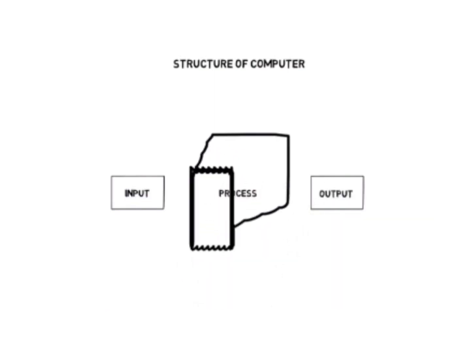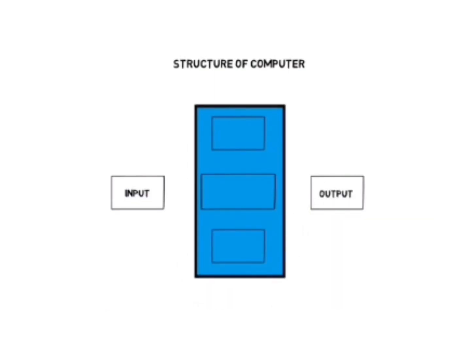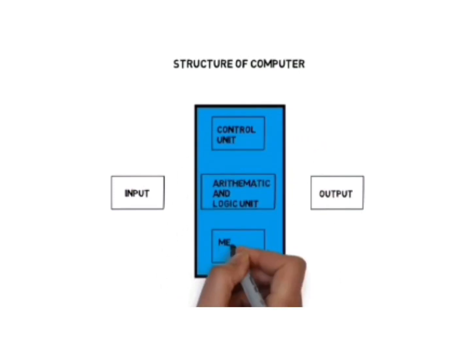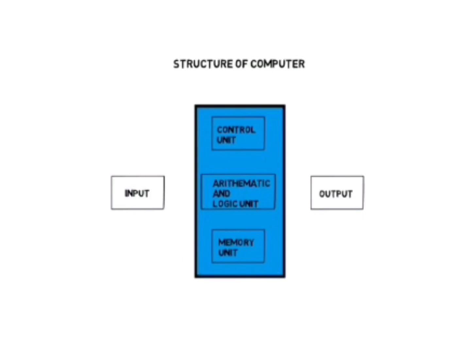Processing consists of three more components, that is control unit, arithmetic and logical unit and memory unit, which together are also called the central processing unit. So children, this is also called the block diagram of a computer.